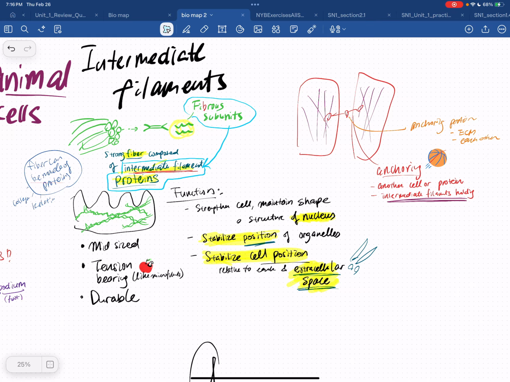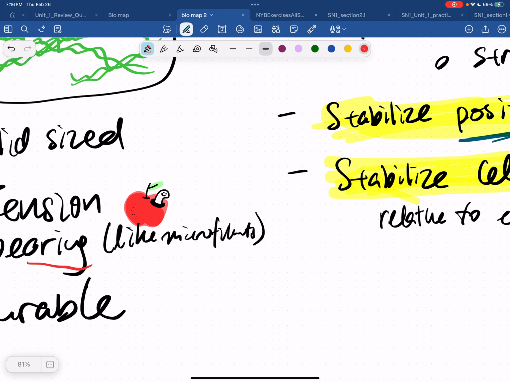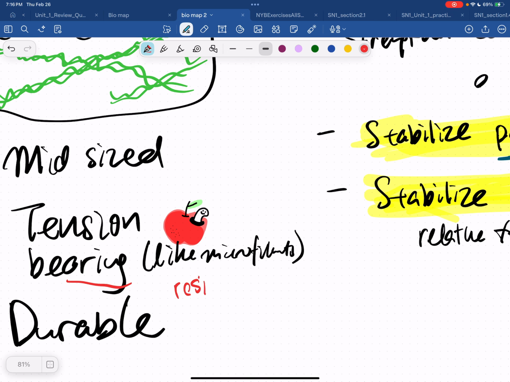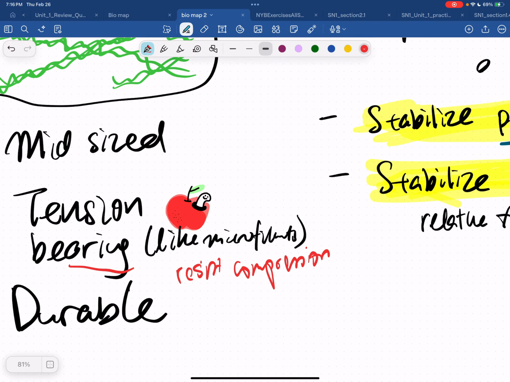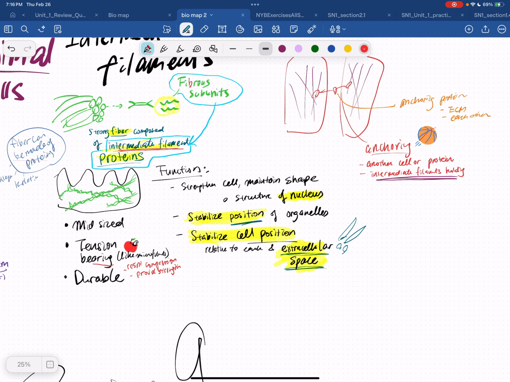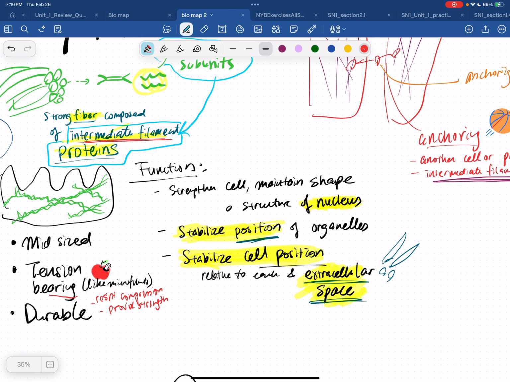They're able to provide strength. Functions of these intermediate filaments: strengthens the cell, like I said. Okay, the tension bearing means strengthen the cells.